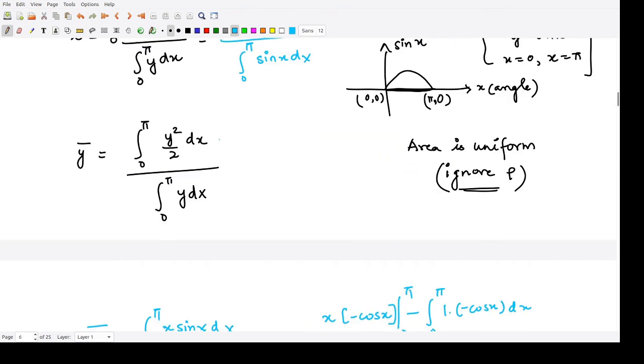For the y coordinate, we have integration from 0 to pi, where the value of y squared is sine square x divided by 2, dx, and then integration from 0 to pi sine x dx. So now you can perform this integration.